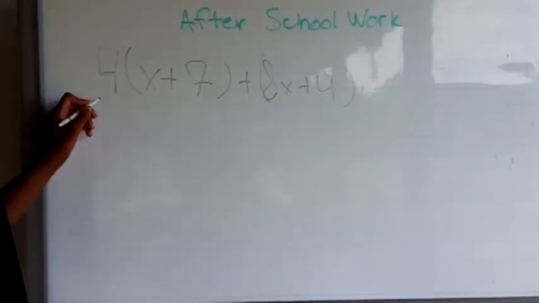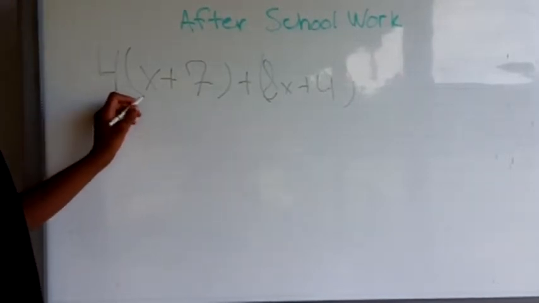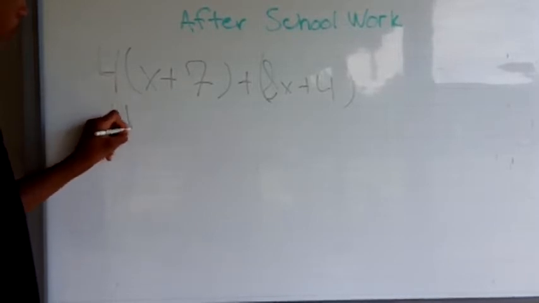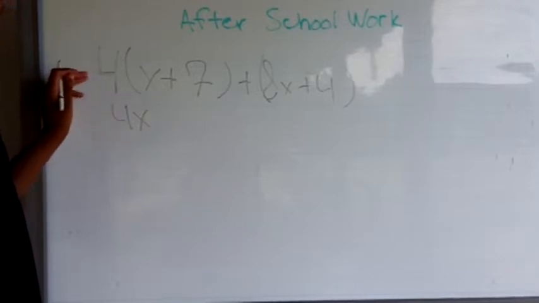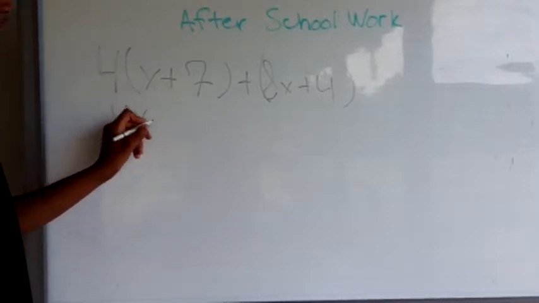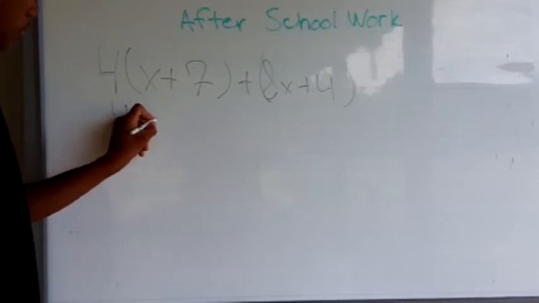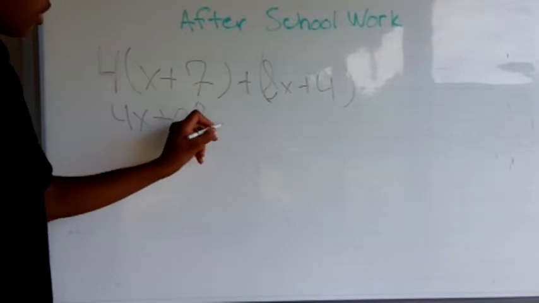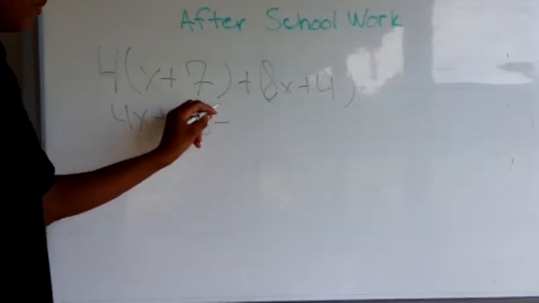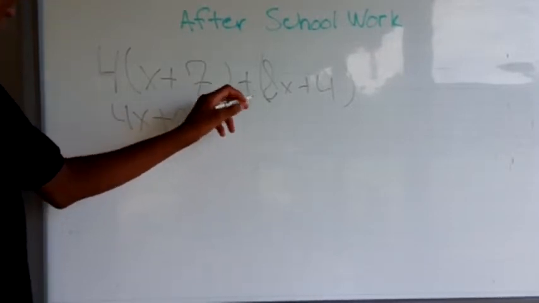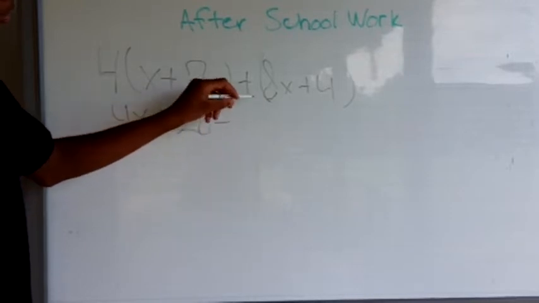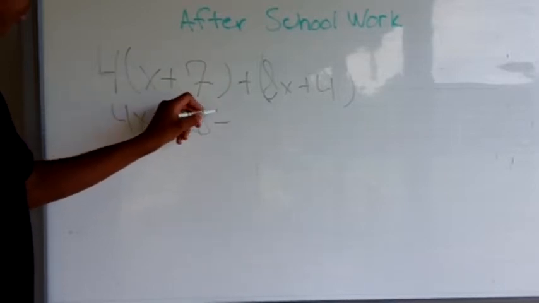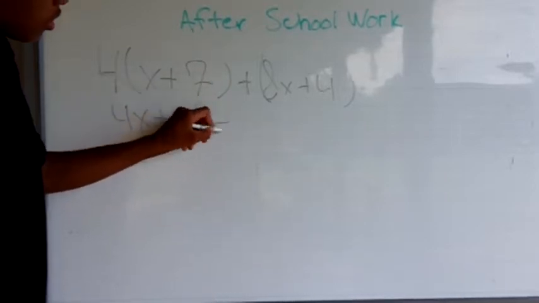So you do 4 times x, which is same as 4 times 1x, which will equal 4x. Then do +4 times +7, which will equal +28. And then you do +1 times +8x, since you are supposed to add a 1 in front of the parentheses if there is no number right there. So it will be +8x.